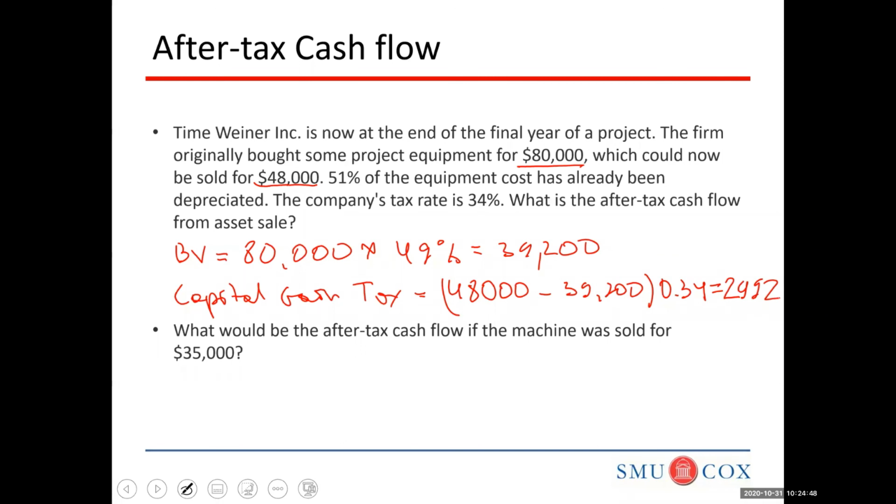So the after-tax cash flow is 48,000, then minus this tax. So that should be 45,008.